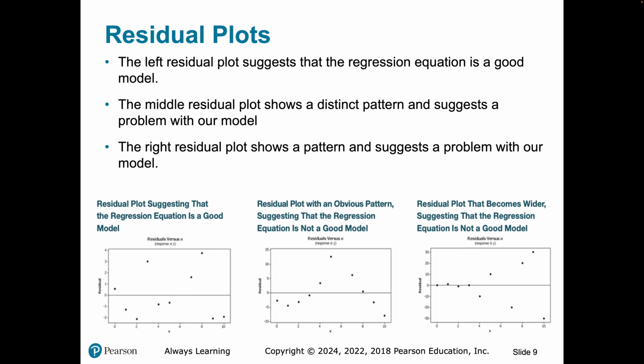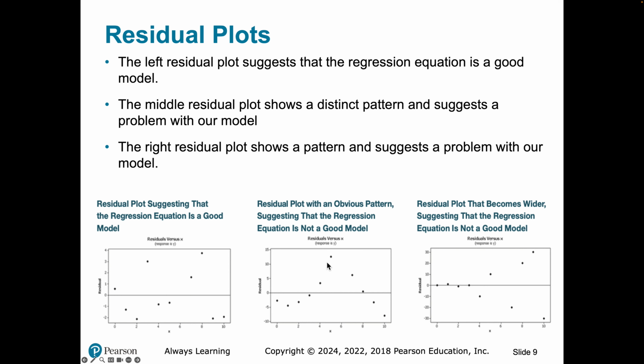I think this will be better in pictures. So notice over here, no patterns really. The residuals are kind of just, I always say kind of like a shotgun blast, just no discernible pattern. It tells us we probably got a good model.